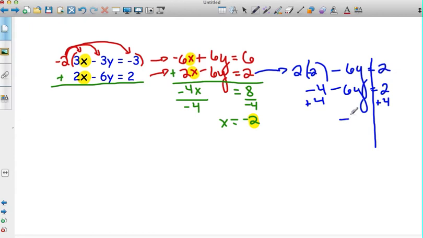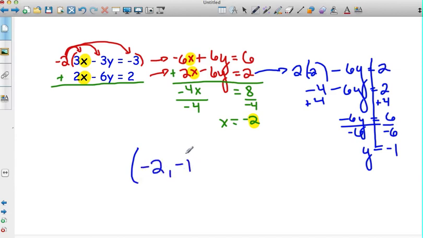I get a negative 6y is equal to 6. Divide by negative 6. Divide by negative 6. There we go. Y is equal to a negative 1. And then, of course, the intersection point is negative 2, comma, negative 1.